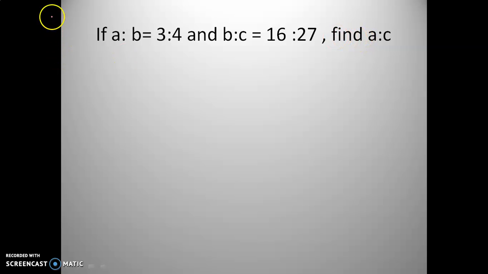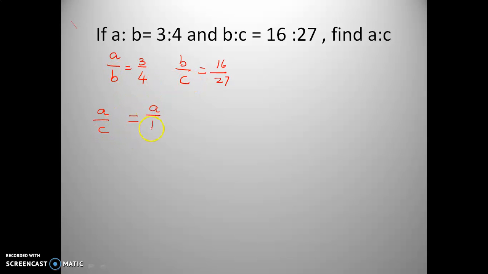Okay, I will write this A is to B as A by B is equal to 3 by 4. Similarly, I can write B by C as 16 by 27. Okay, what is my target? I have to find A is to C, that is A by C. How will I get A by C from these two?